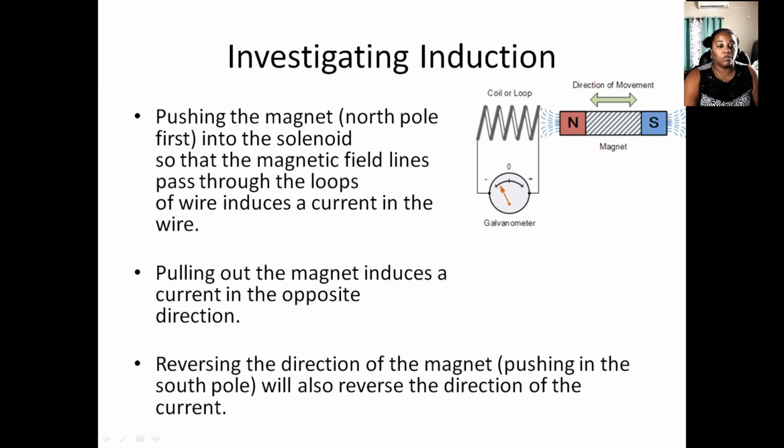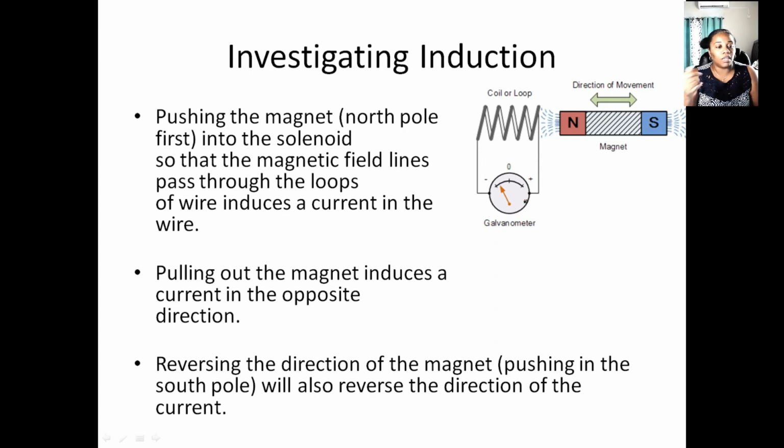Okay, so if it induces a current in the opposite direction, then you're going to see that this pointer will just move the opposite way. Reversing the direction of the magnet, pushing in the south pole, will also reverse the direction of the current, right?